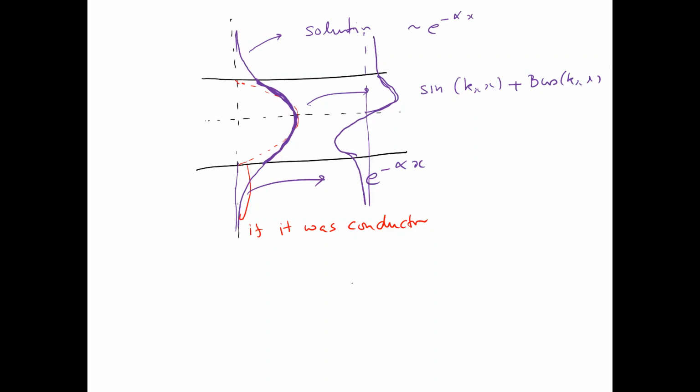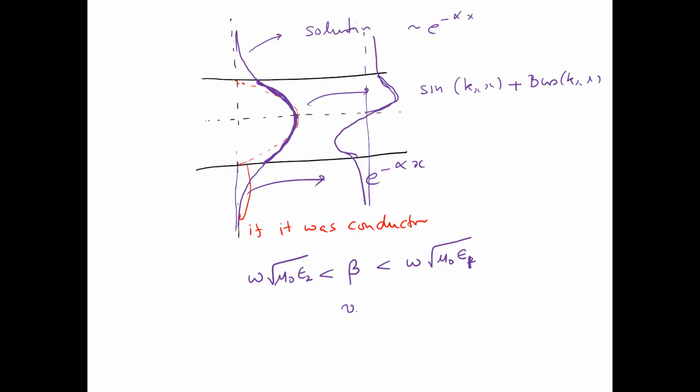What you would notice is that the beta of this solution is always going to be between omega square root of mu naught epsilon 2 and omega square root of mu naught epsilon 1. It's going to be smaller than omega square root of mu naught epsilon 1, and greater than omega square root of mu naught epsilon 2.